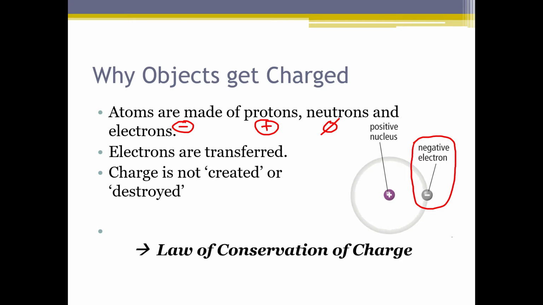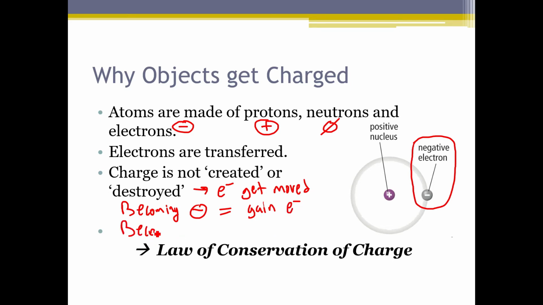When the electrons do get transferred, that's how objects can gain a charge. If an object gains electrons, then it becomes negatively charged. This is what this statement says: charge is not created or destroyed, only electrons get moved. So becoming negative means you are gaining electrons, or gaining more negative charge.